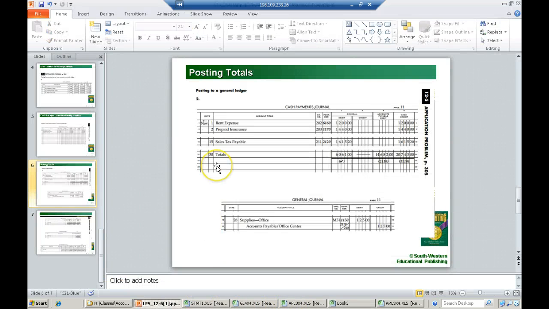So let's take a look at the cash payments journal first. Cash payments of rent expense, $1,200. General debit, cash credit of $1,200.